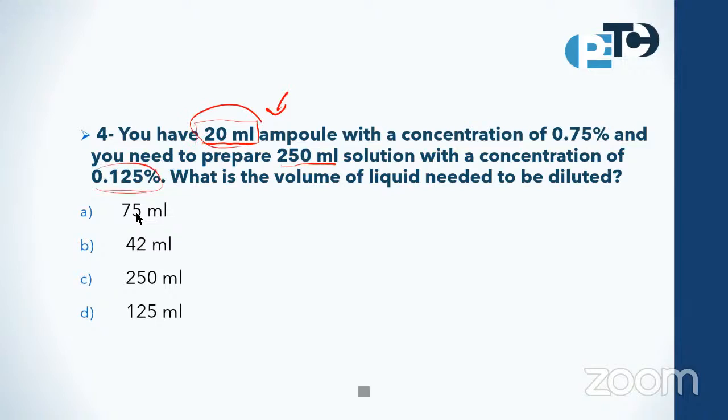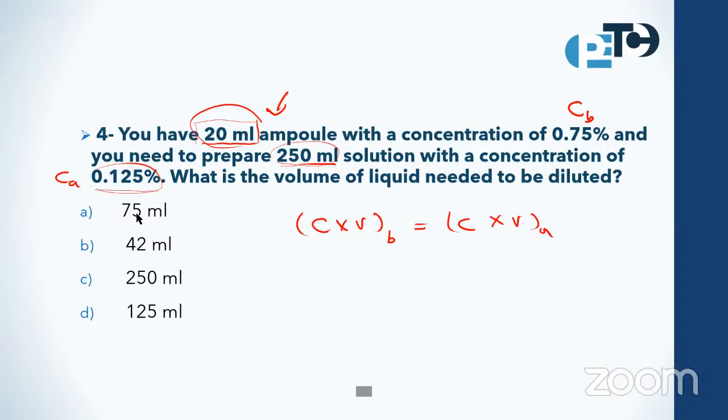So here we have a dilution. We have a concentration before, which is 0.75%, and a concentration after, which is 0.125%. We have the volume after. So directly we can use C multiplied by V before equals C multiplied by V after. But before using this formula, you should check the units.